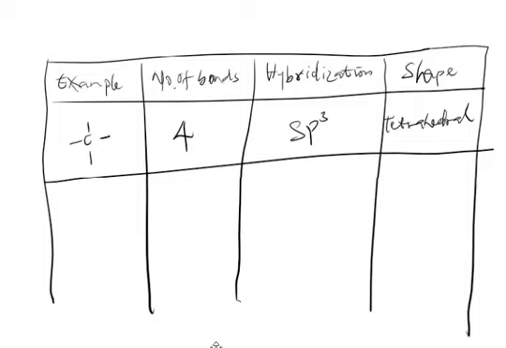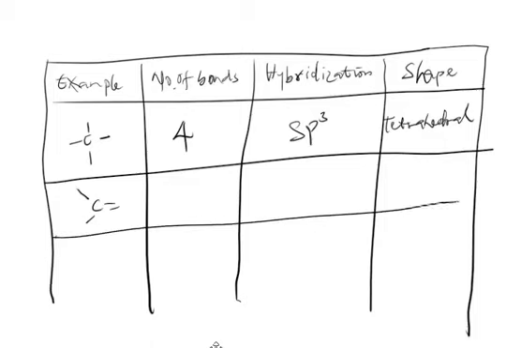So next I'll have an alkene here. So let's call this the number of sigma bonds. We have 3 sigma bonds. So this is the first sigma bond, this is the second sigma bond, this is the third sigma bond. This over here is a pi bond.